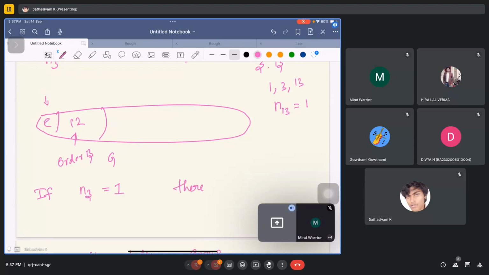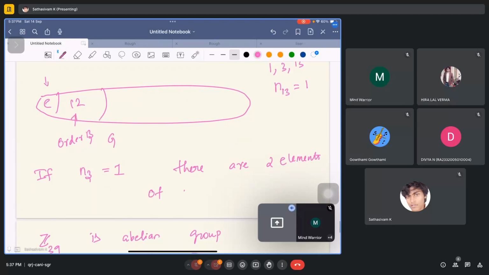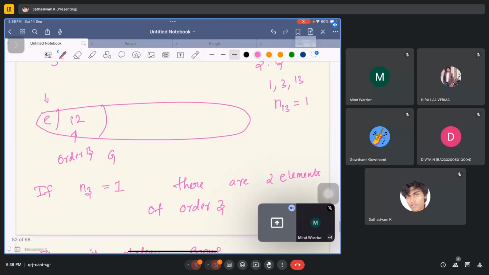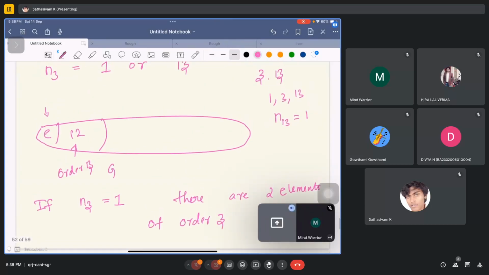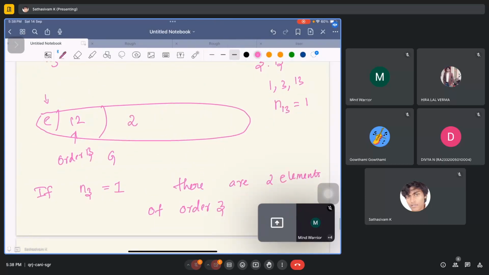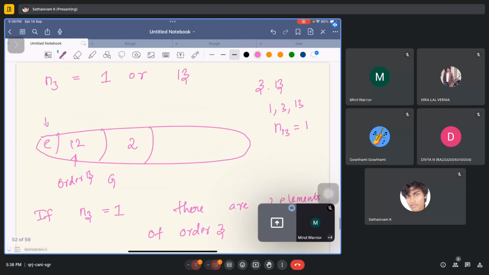There are 2 elements of order 3, because the other element is actually the identity. So we have only 2 elements of order 3. And because of the Lagrange theorem, and let's for now assume that it's not a cyclic group, these are the only things.